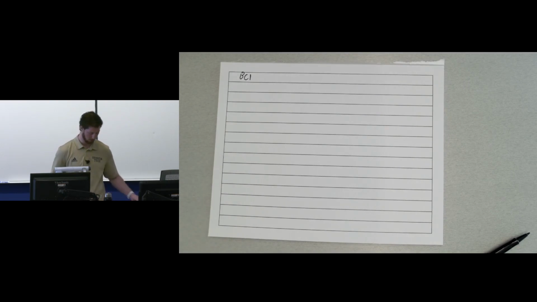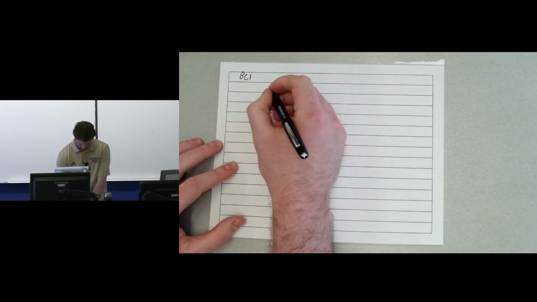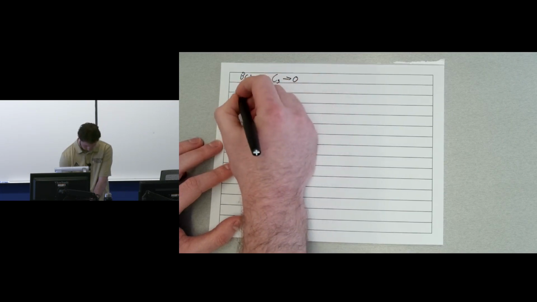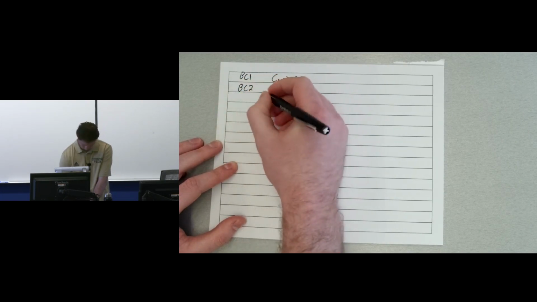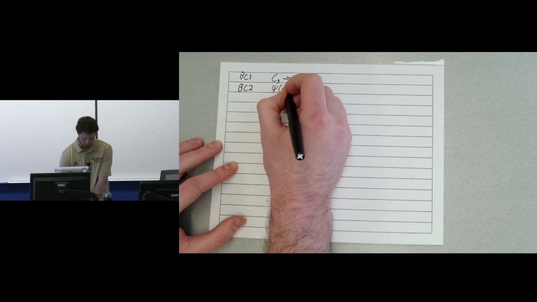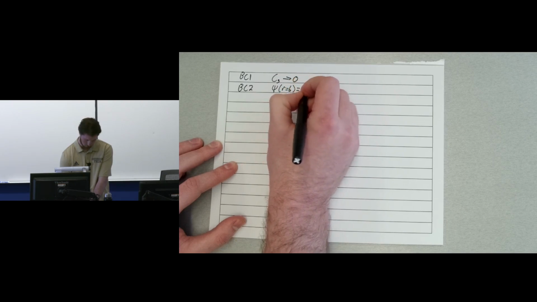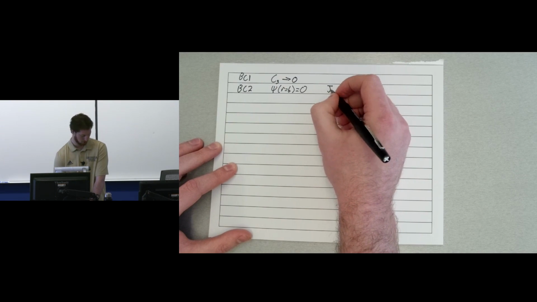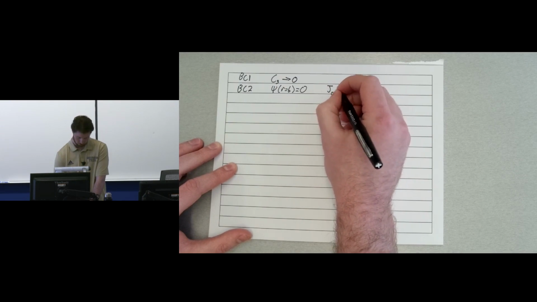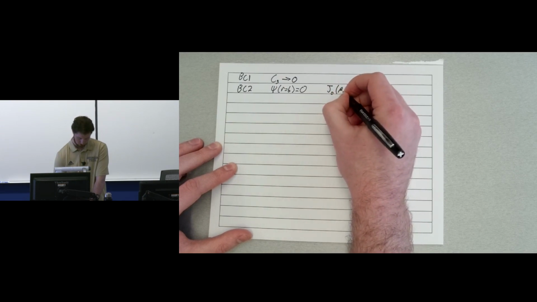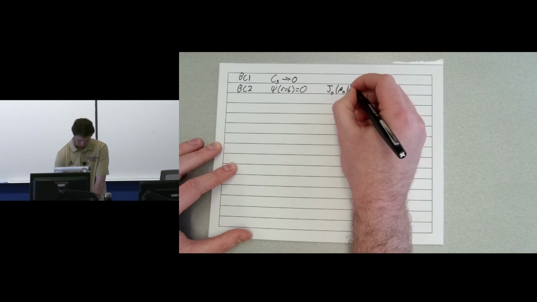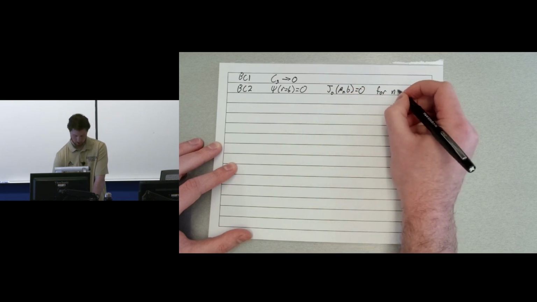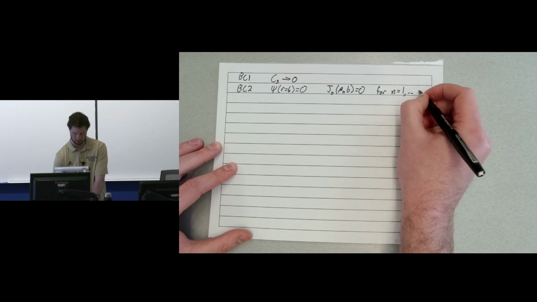So apply boundary condition 1. C3 goes to 0. And then if we apply our boundary condition 2, psi at r equals b is equal to 0, we're going to get a function for our eigenvalues, which is going to be J naught of beta n b equals 0 for n equals 1 up to infinity.